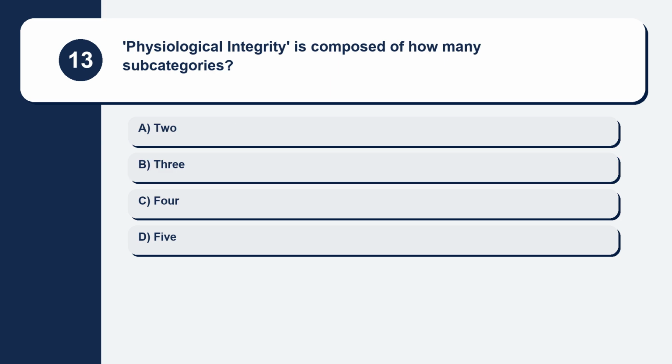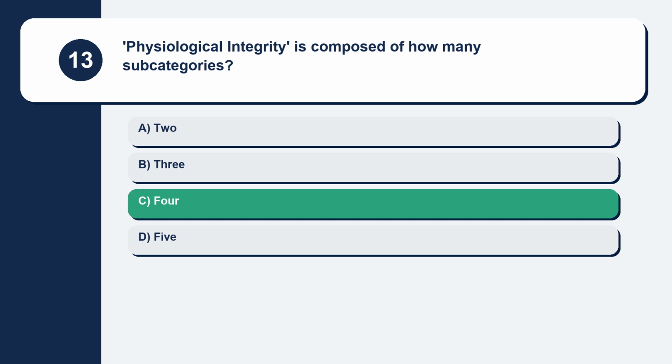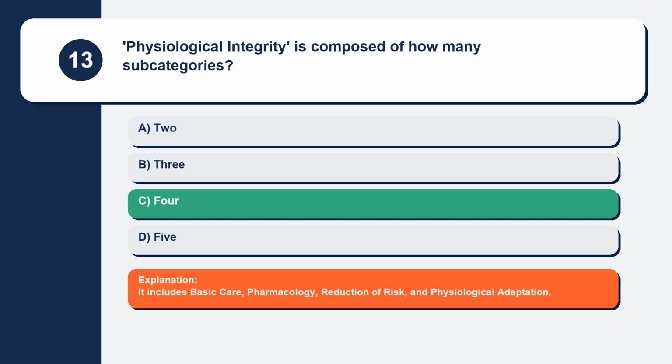Question 13. Physiological integrity is composed of how many subcategories? 2, 3, 4, 5. It includes basic care, pharmacology, reduction of risk, and physiological adaptation.